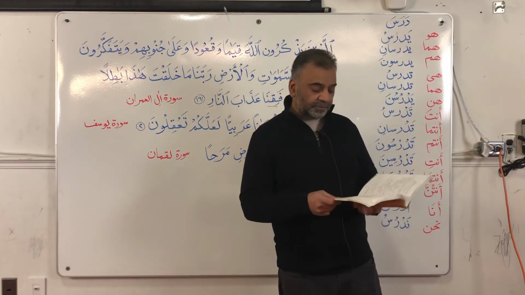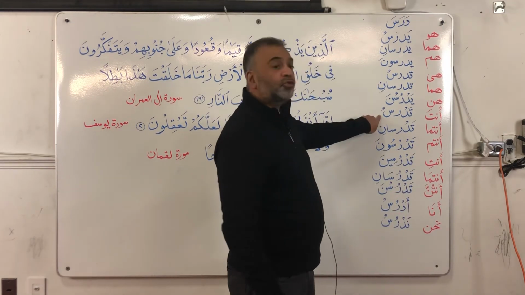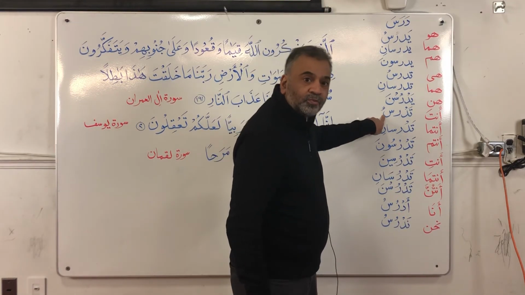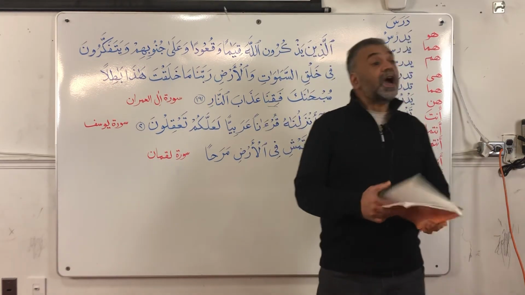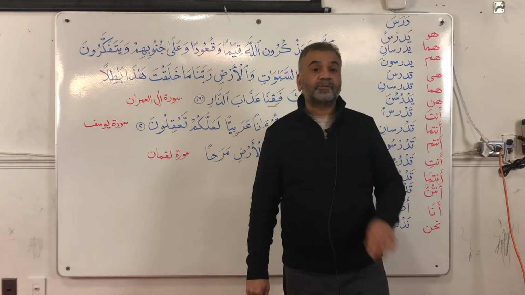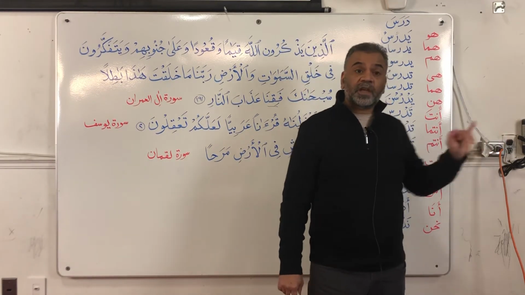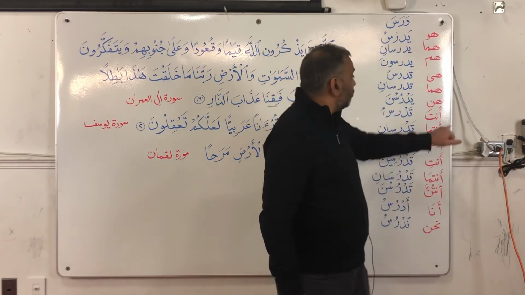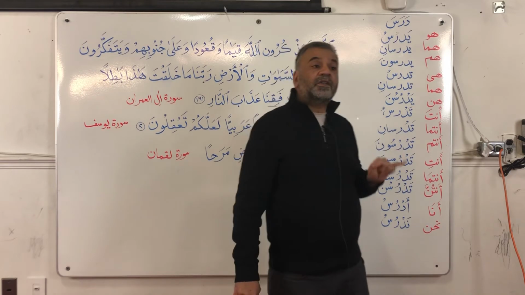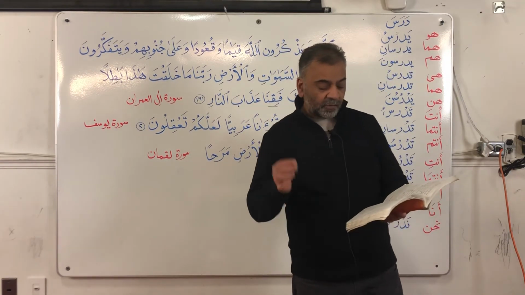Now Faisal said, Aina tadrusu. Aina, where are you studying? Ya akhi, oh my brother. Aina tadrusu. So now since Faisal is talking to Abdullah, and Abdullah is a second person, he's in front of him, so he's using the anta form, tadrusu. Aina tadrusu ya akhi, where are you studying?